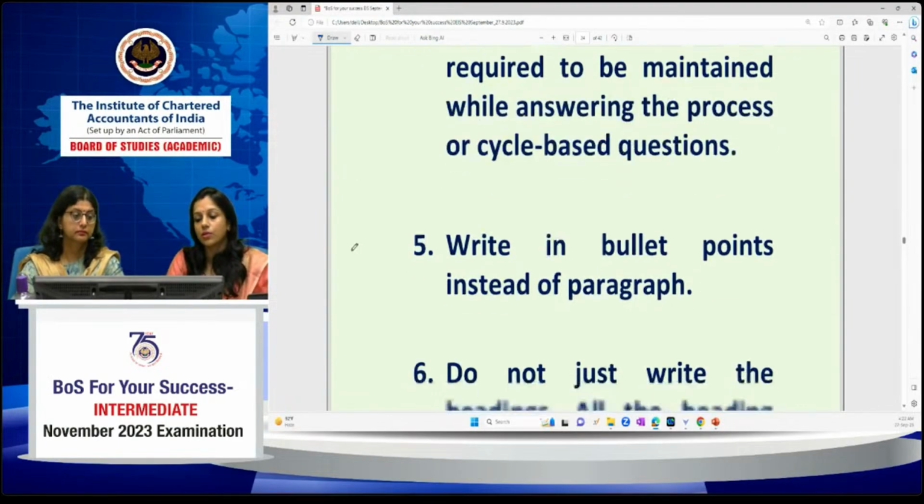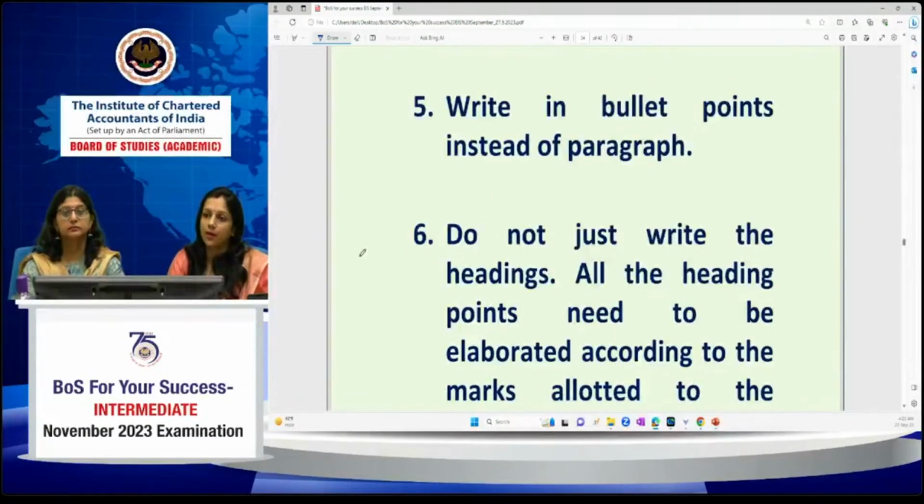Next, write in bullet points instead of paragraphs. You yourself will also like to read the headings you have given in bullet points. If you write the complete summary in a paragraph, you yourself may skip some point. So it's better for writing the technical keywords as well as for the beautification of your paper. This adds a certain beautification to your paper and gives better readability.